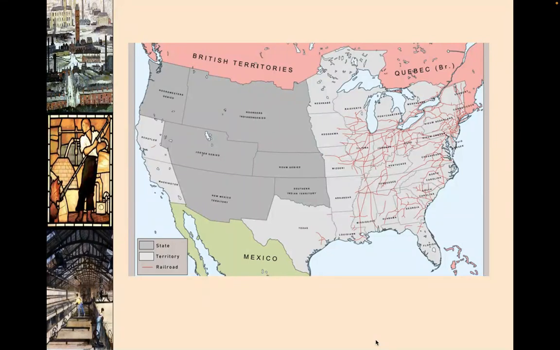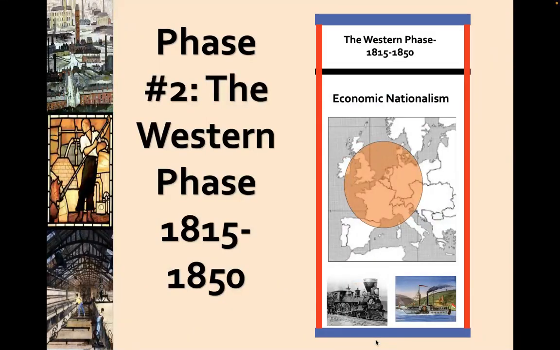So when you look at this second phase of industrialization, basically what we're talking about is a continuation of the use of coal, iron, and coke. But you do see some new technologies.